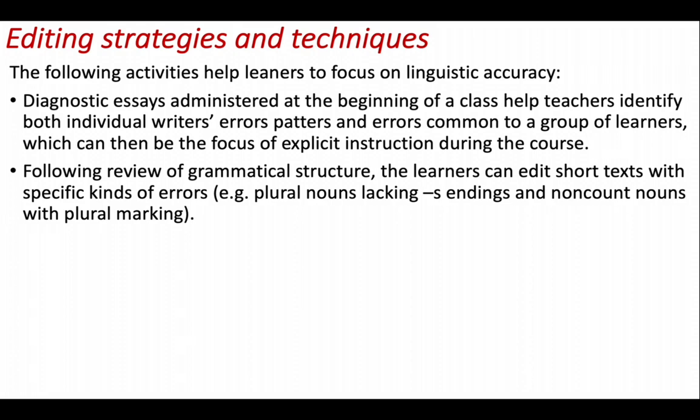Or plural nouns lacking the S to show plurality. Then you write some nouns within the text that they are reading where the plural is not reflected on the nouns that need to be plural. Count nouns, non-count nouns, plural markings.